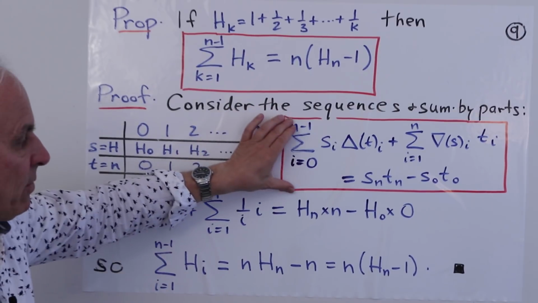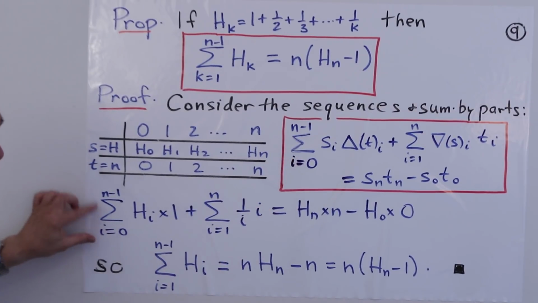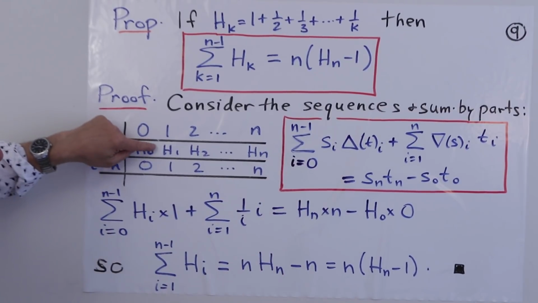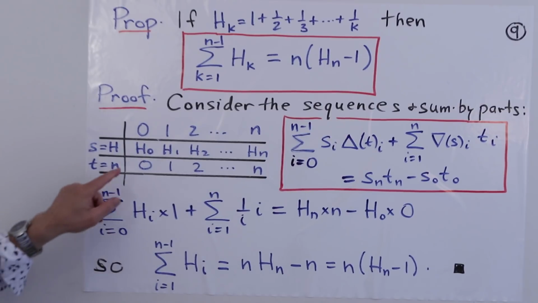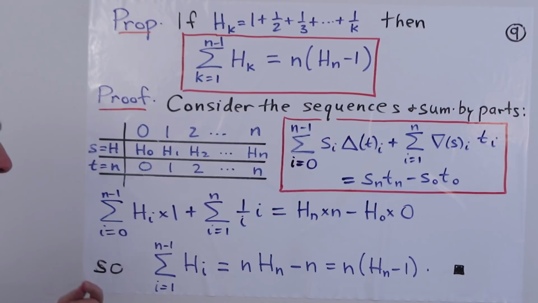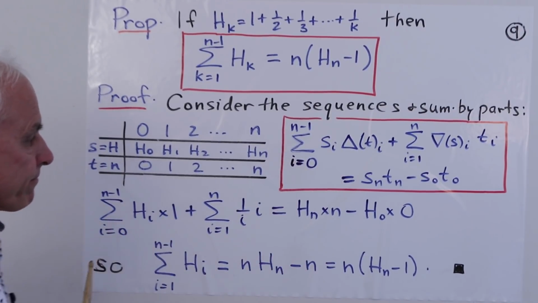Okay, so let's see what this actually looks like when we put in these values. Summation i equals 0 to n minus 1. S sub i is just h sub i. And this forward difference delta T sub i, well, these are just integers, so the differences there are always 1, so we're always multiplying by 1 in this first sum.